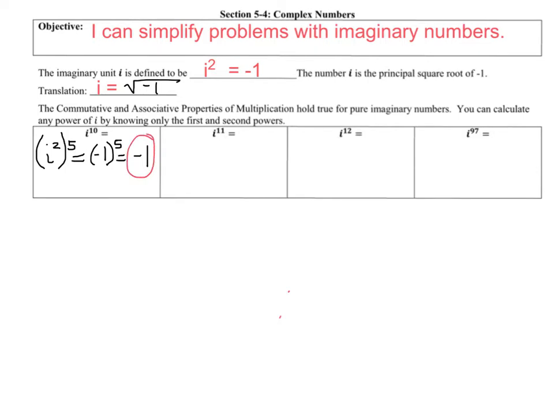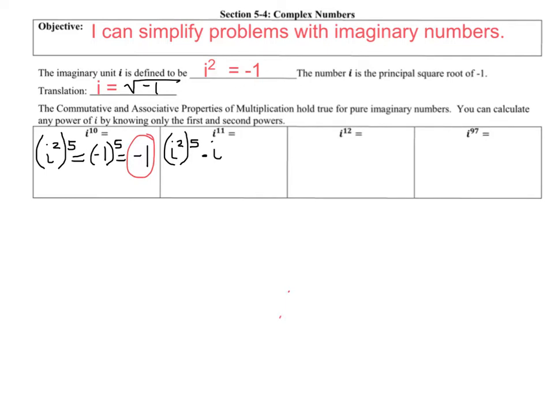For i to the 11th, we're going to do the same thing. We want to start off with what we know, so we start off with i squared. Since this is an odd number, we can't put anything on the outside that will get it to exactly be i to the 11th, but the closest we can get is i to the 10th. So I want to put a 5 on the outside, and that'll get us to i to the 10th, but it won't get us to i to the 11th. We need one more i, so I'm just going to multiply by i, and then I can rewrite this.